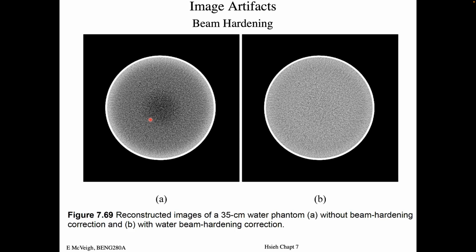You would get a graph that you predict, for a given thickness of water, if the energy was the same, you would predict what the attenuation would look like. However, what you find is you get less attenuation, right? Because the deeper you go in, the higher energy the photon beam is. And so you look at that curve, and that's your correction curve, right? For this beam hardening artifact.